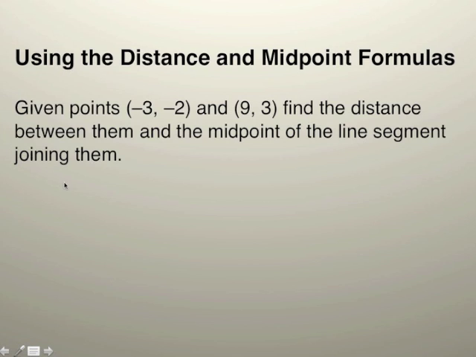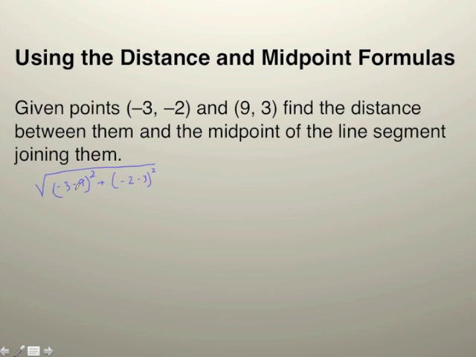We want to use the distance formula and the midpoint formula both here. First, finding the distance, the square root of negative 3 minus 9, the quantity squared, plus negative 2 minus 3, the quantity squared.